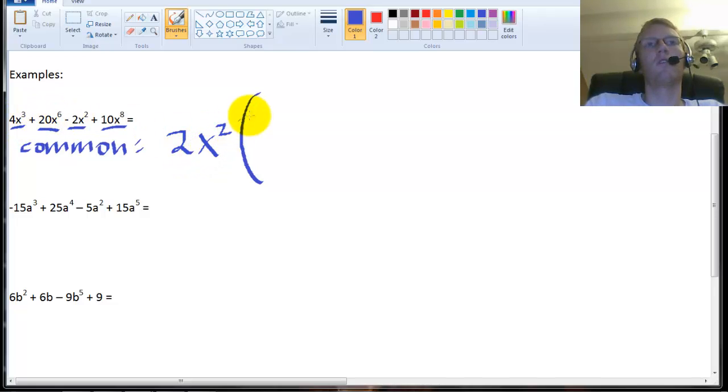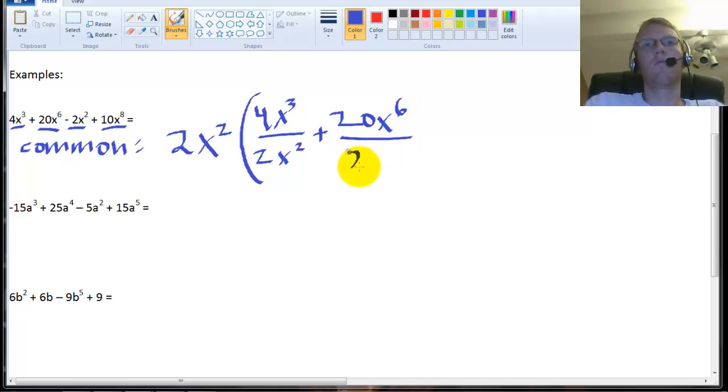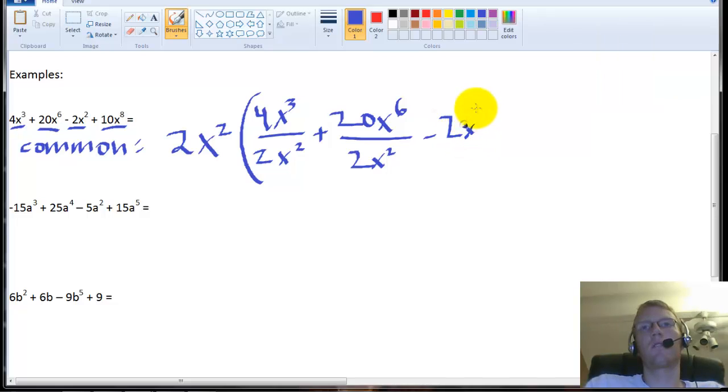So 4x cubed over 2x squared plus 20x to the 6th over 2x squared minus 2x squared over 2x squared. That was the biggest term they had. Plus 10x to the 8th over 2x squared.